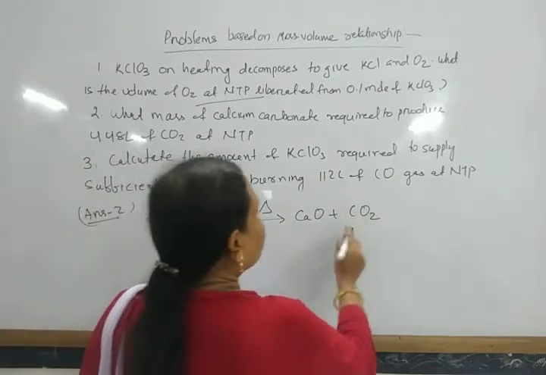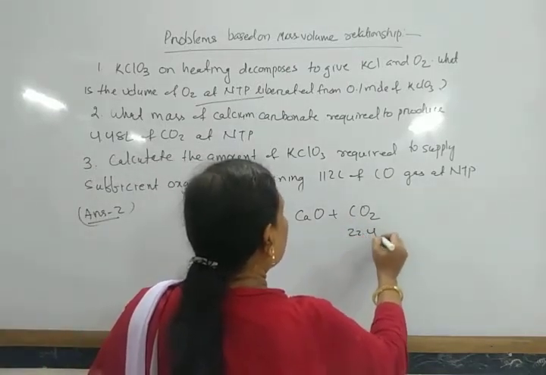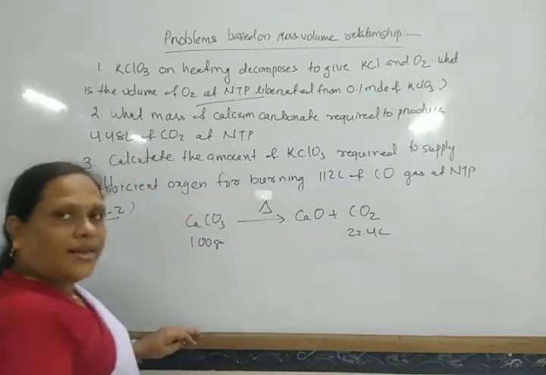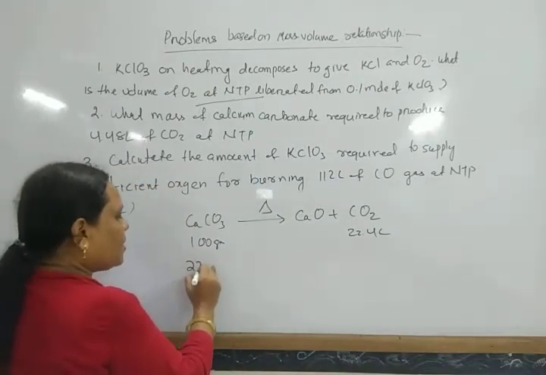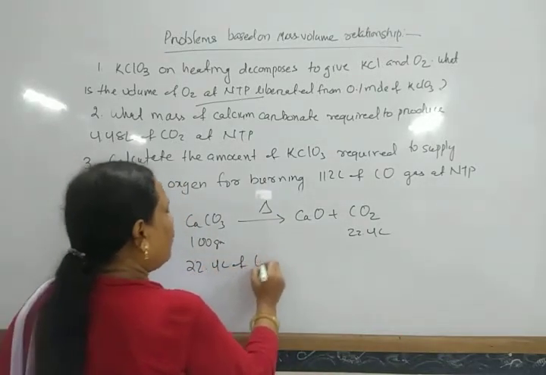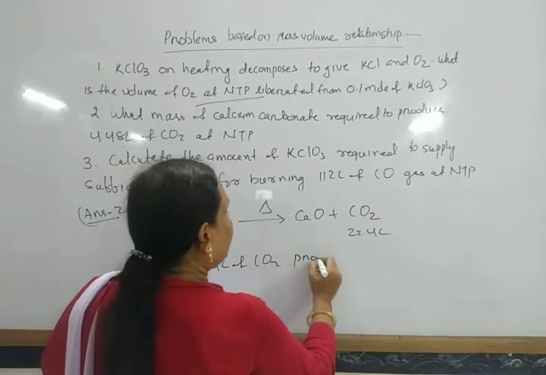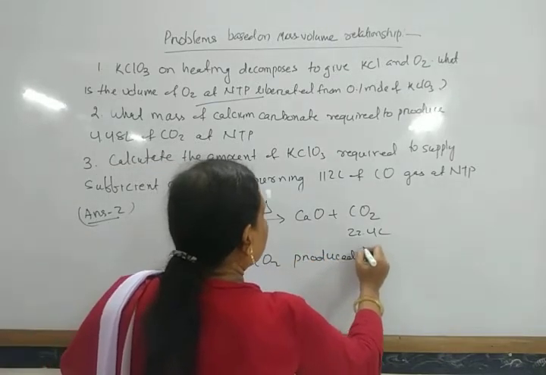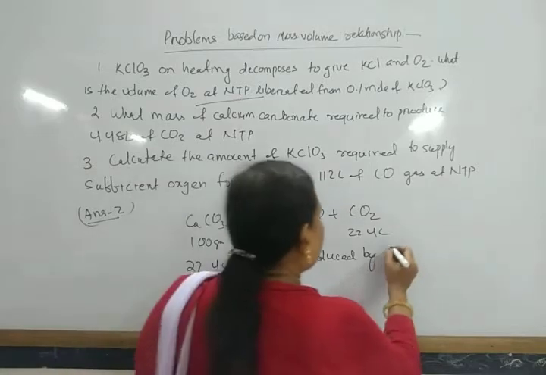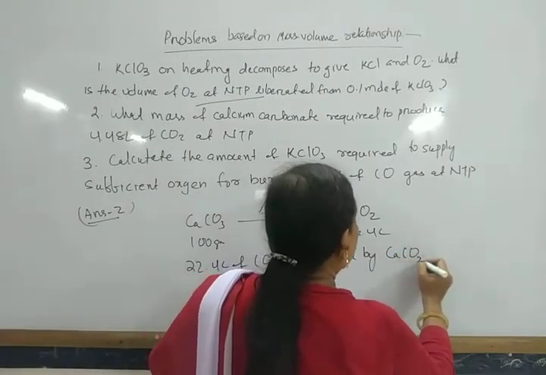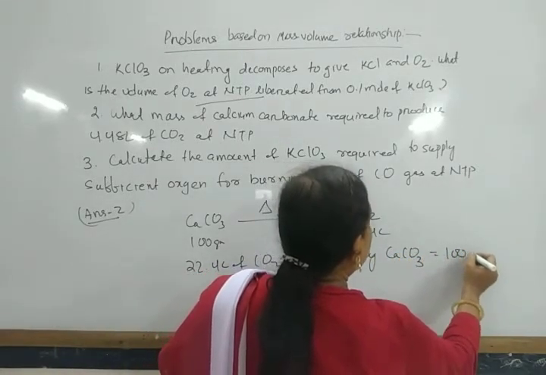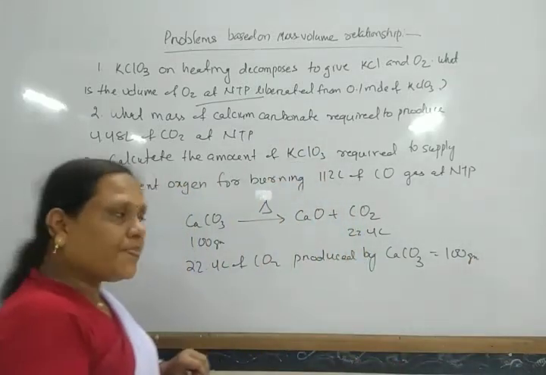And carbon dioxide has volume 22.4 liter. Now 22.4 liter of carbon dioxide is produced by calcium carbonate, that is equal to 100 gram.